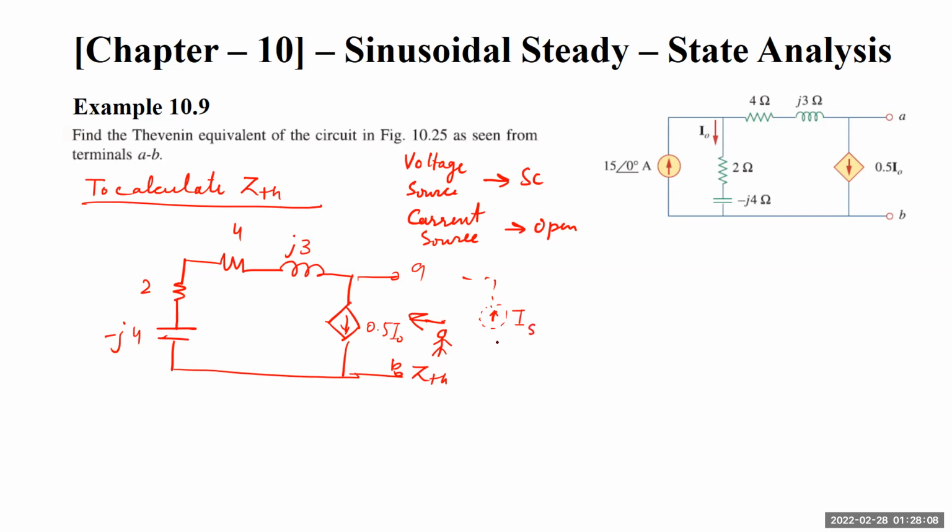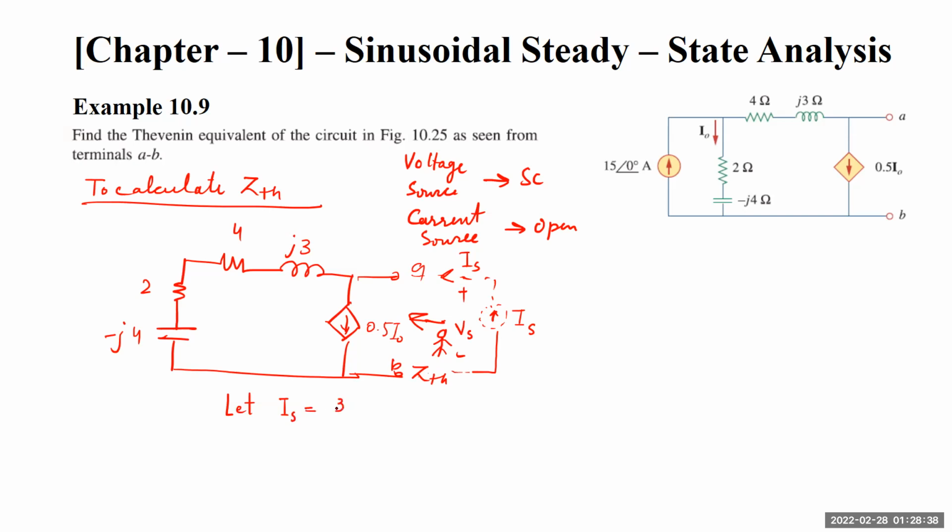This dummy current source is connected over here, and the voltage provided by this source will be VS. So we can let IS equal 3 angle 0.